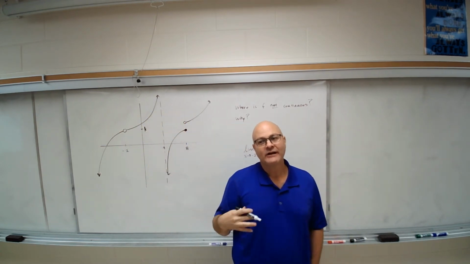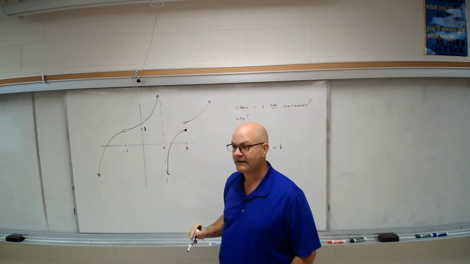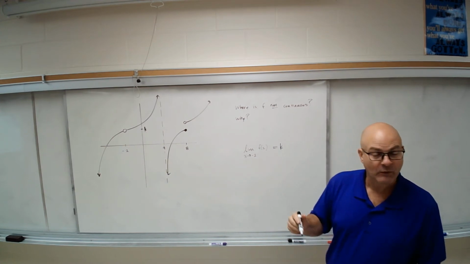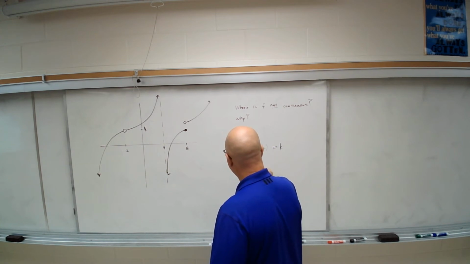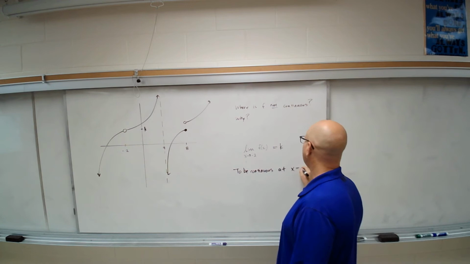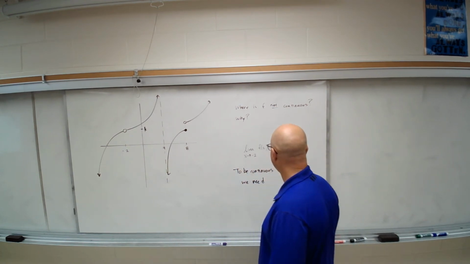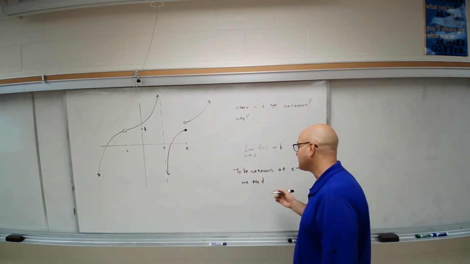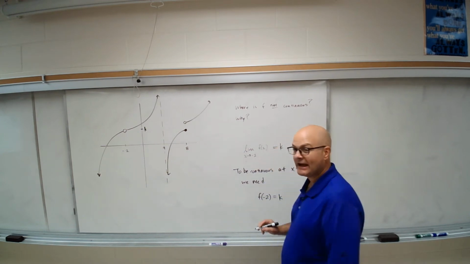So mathematically, how do we say that we're putting a point at the ordered pair (-2, k)? Well, to be continuous at x equals -2, we need the point (-2, k), correct? So for it to be continuous, we also need f of -2 to equal k.